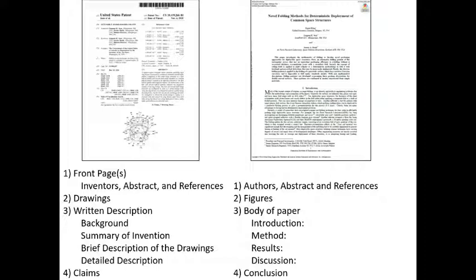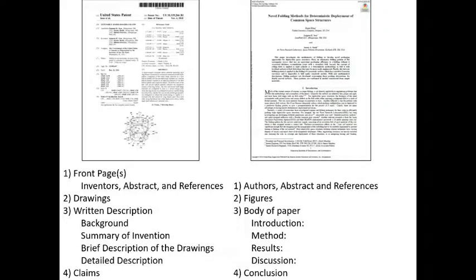And so you can see that the parts of a journal article and the parts of a patent are very similar. And so if you're preparing a manuscript for publication in a scientific journal, many of those parts can be used to help your patent attorney or patent agent write up the patent application for a patent on the same material.